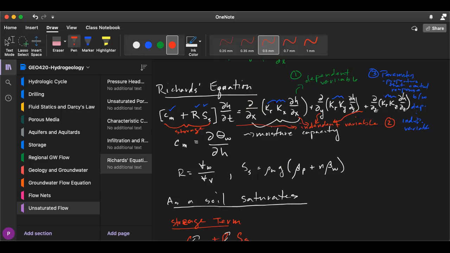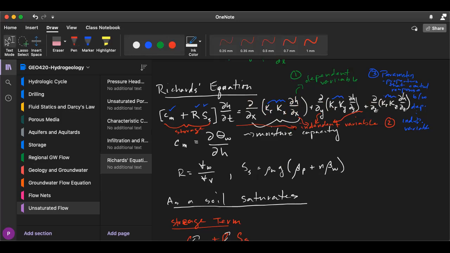That means it's not constant with space. It changes with space, right? And then we've got this KR term. So inside of here is unsaturated Darcy's law, right? And this KR term is a function of the head.